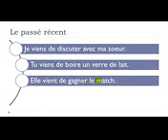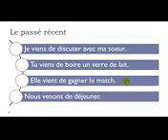Gagner is to win. Le match, obviously, the match. Elle vient de gagner le match. And the last one. Nous venons de déjeuner. Okay? Déjeuner here. When you have your lunch, okay? Nous venons de déjeuner. Alright? So, je viens de discuter avec ma sœur. Tu viens de boire un verre de lait.